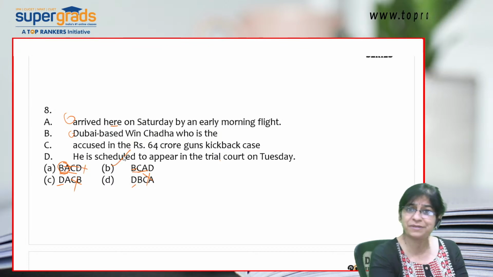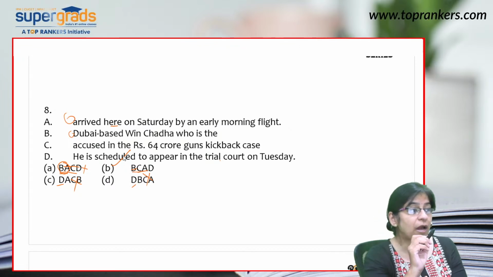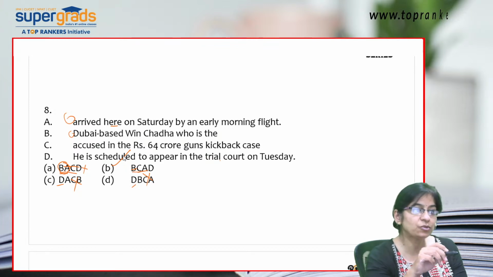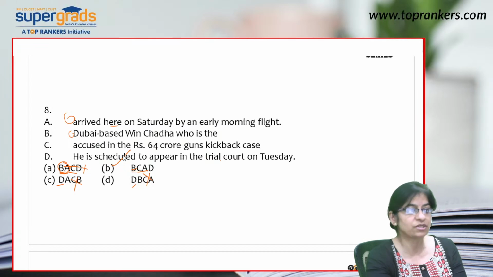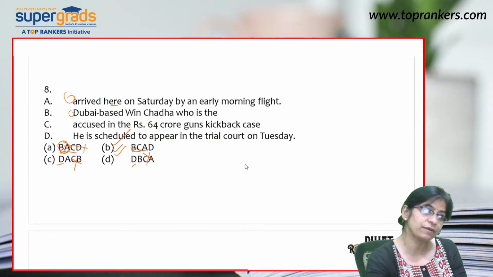Good job. 100% marks to you all. Let's see if this works well. Dubai-based Vin Chadda, who is the accused in the 64 crore guns kickback case, arrived here on Saturday by an early morning flight. He is scheduled to appear in the trial court on Tuesday. Works perfectly well. Now, let's look at the next one.